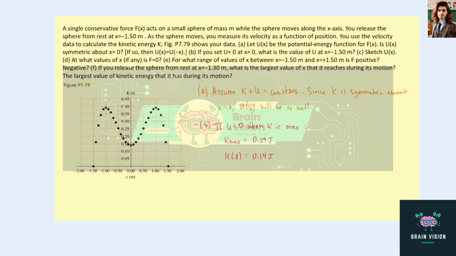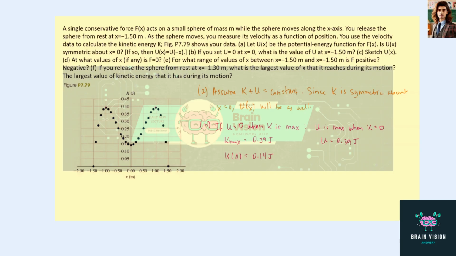If U equals 0 when K equals max, then U is max when K equals 0. So U would be equal to 0.39 joules when K equals 0.